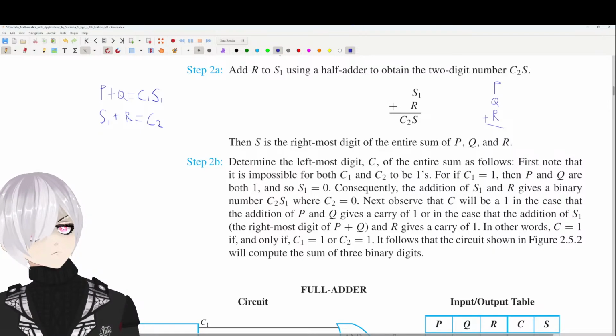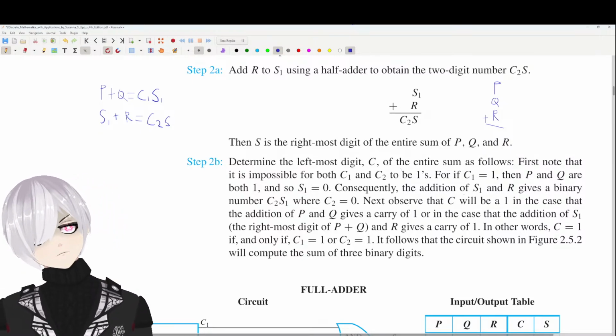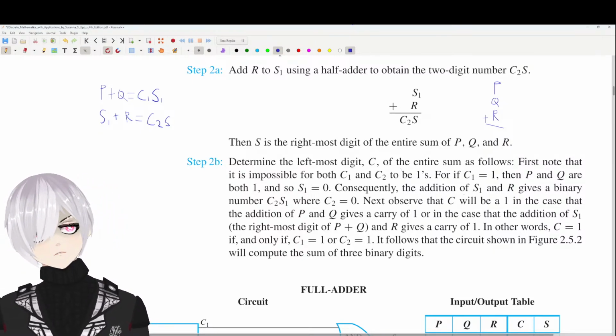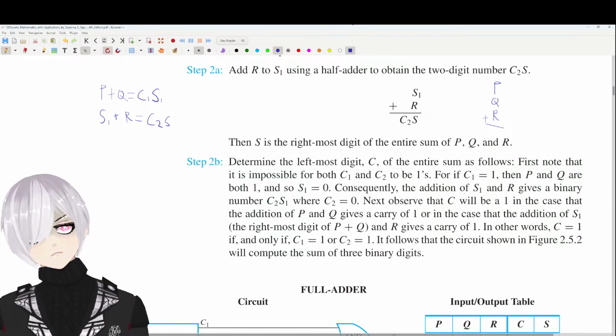So we saw firstly why C1 and C2 aren't both 1, and so we got that. And then the next part says that S1 plus R equals C2 S, or rather it says C2 S1.